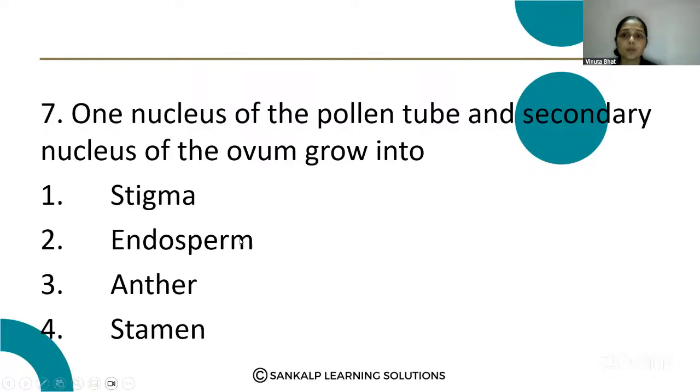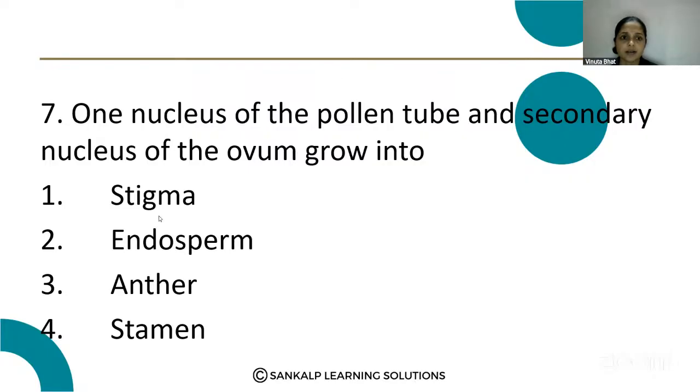Next question. One nucleus of the pollen tube and the secondary nucleus of the ovum grow into stigma, endosperm, anther, stamen. What's the answer for this question? Anther is not a correct answer.